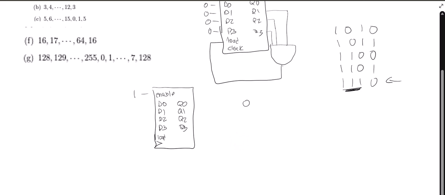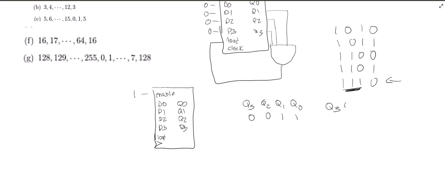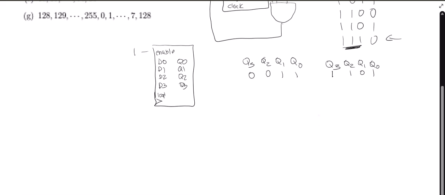Let's look at what those look like. So Q3, Q2, Q1, Q0. 3 looks like this. And 13 is 8 plus 5, so that's 8 plus 4 plus 1, so that's 13.